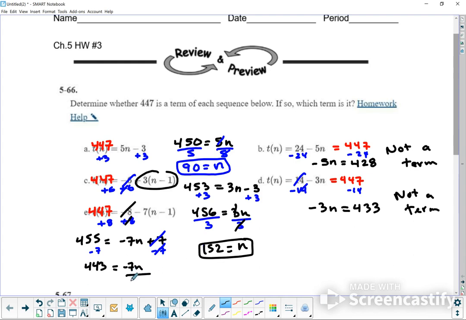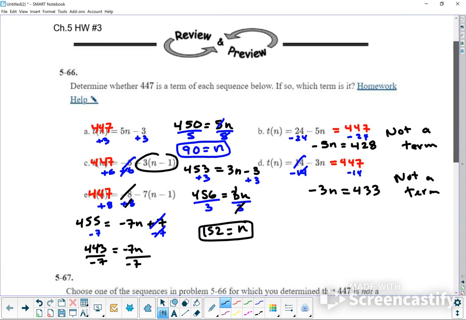Then I'm going to divide it by negative 7. So 448 divided by negative 7 gives us negative 64. So that does go in, even though it's negative. So n is negative 64. Which term is that? That's the 64th term before the 0 term. So that does work.